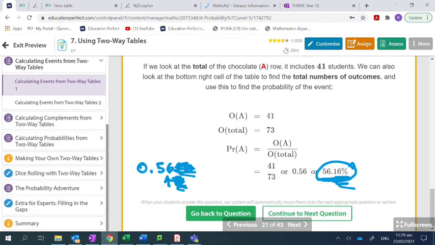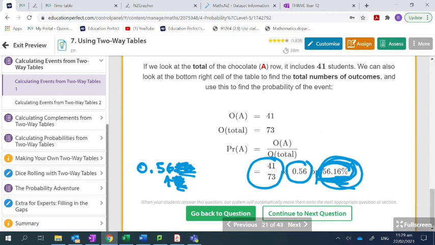Here it gives you all three. It gives you a reduced fraction, which this one didn't reduce, a decimal rounded to 2 decimal places, and a percent. Get in the habit of doing all three just so you know how to do all three. But if I was asking you for percent and you did all three, then you need to circle, put a box, or highlight, do something to make sure that I know the one you're answering in is percent.